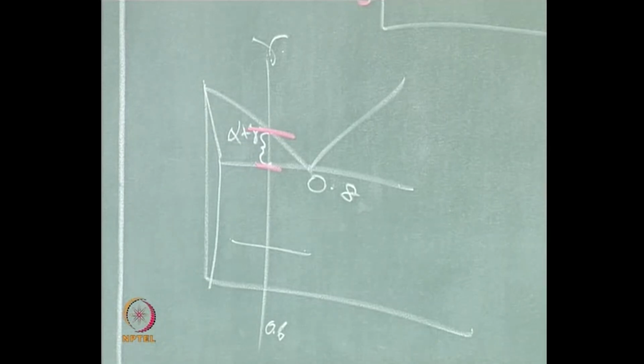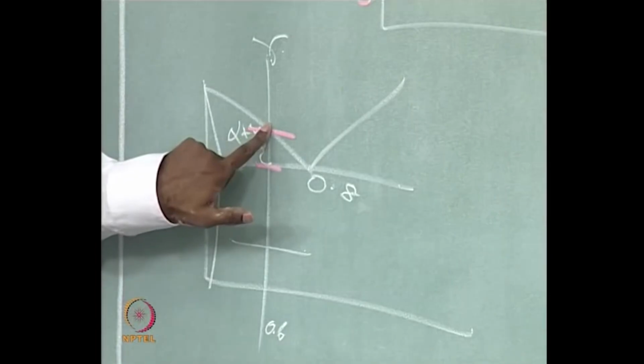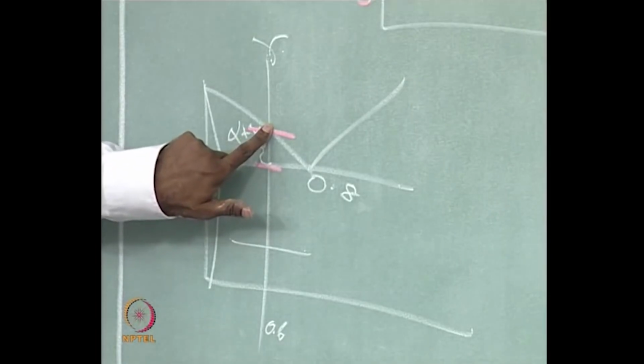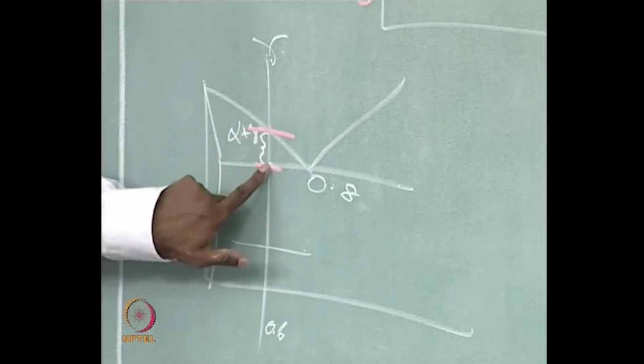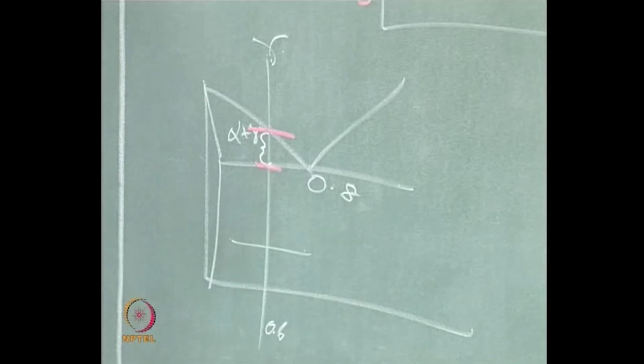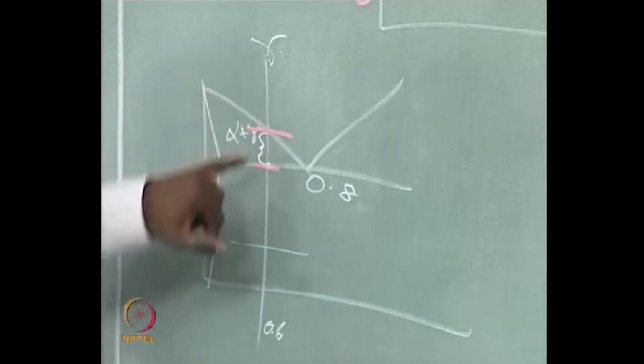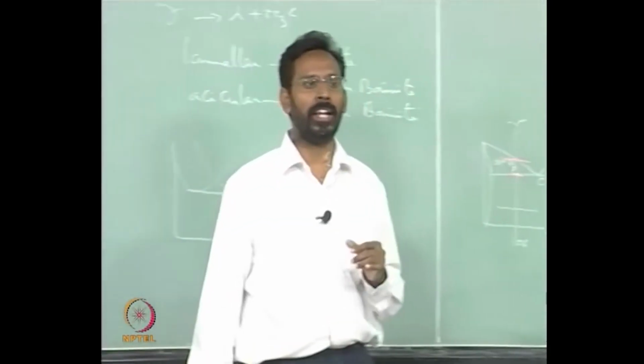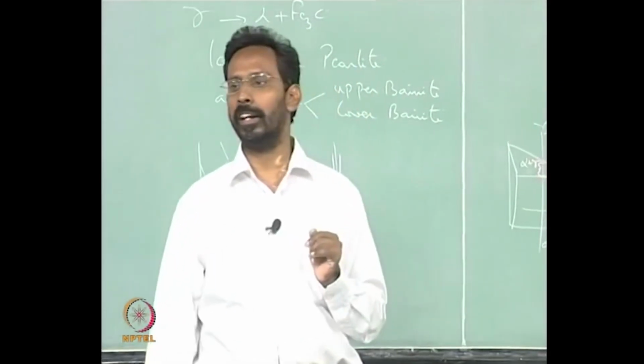Inter, because these are the two critical temperatures. This is the A3, and this is the A1. Whether it is Ac or Ar depends on whether you cool or heat, let us not bother. So, between A3 and A1 is what we call the intercritical range.